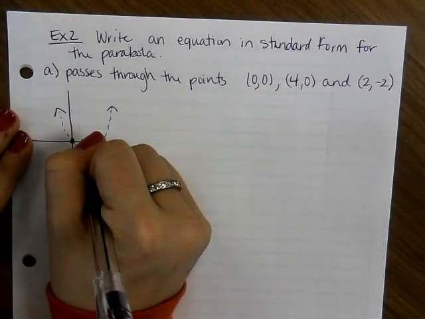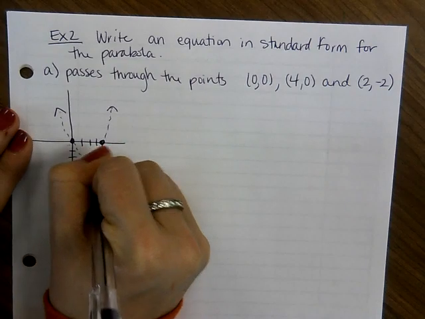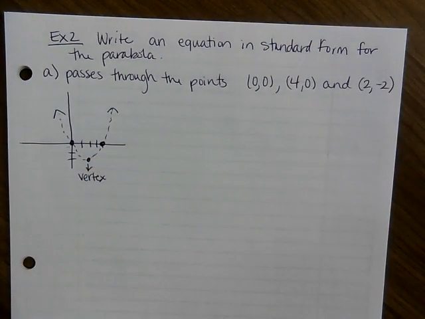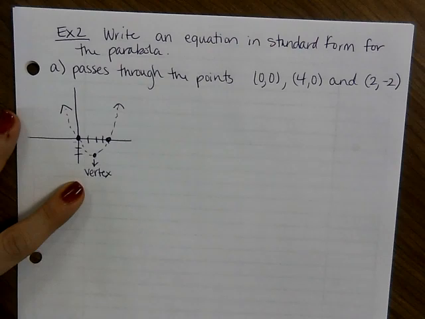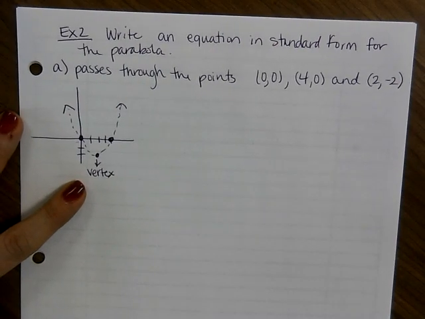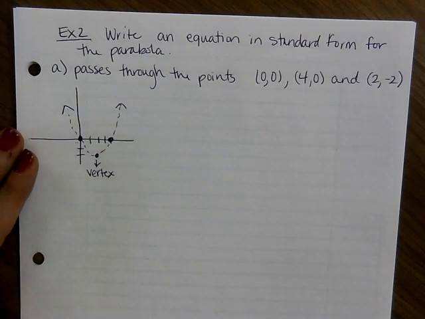Why is it the vertex? It's halfway between those intercepts, right? And we can see the symmetry. We can see it fold over onto itself. Okay, so we know the vertex. Is it an x squared or a y squared equation? X squared. And does it point up or down? Up. So we know it's a positive 4p then.